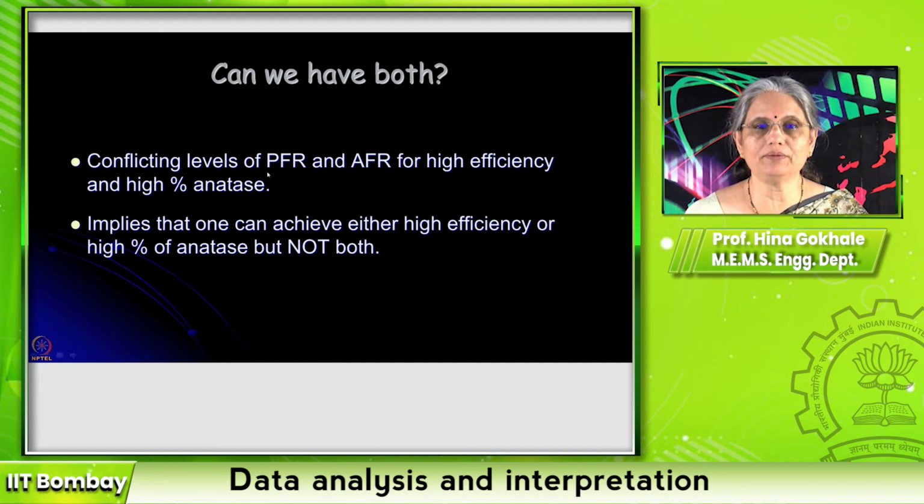Conflicting levels of plasma gas flow rate and additional gas flow rate, I am not even talking about carrier gas flow rate, because in both the cases it has come only as an interaction. So, if this is the case, then you can have high efficiency, but you cannot have high percentage of anatase. So, you cannot achieve both.